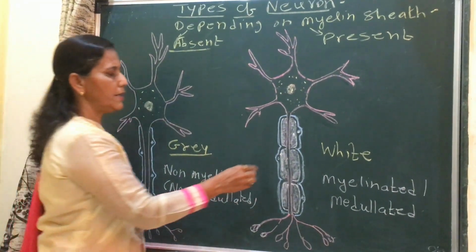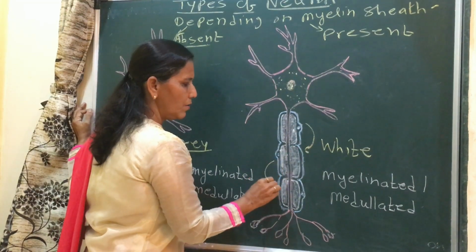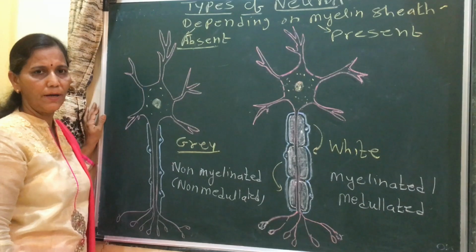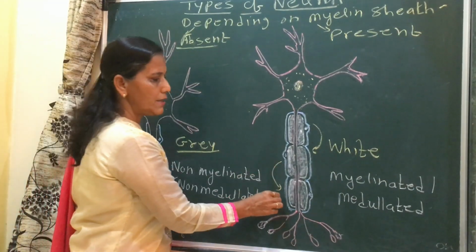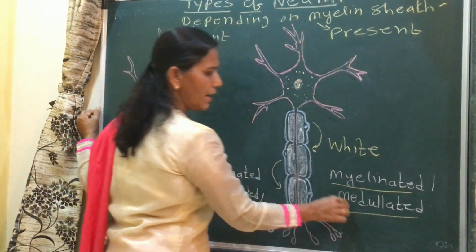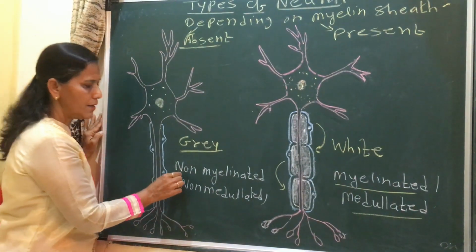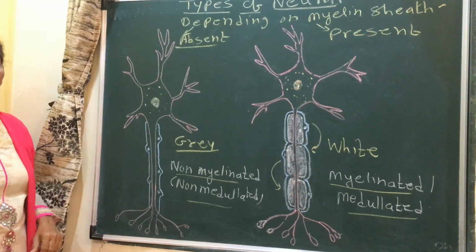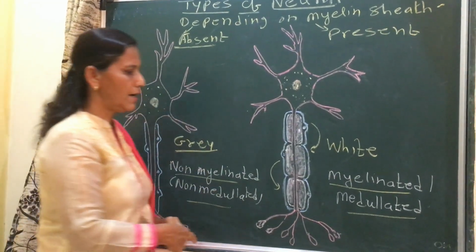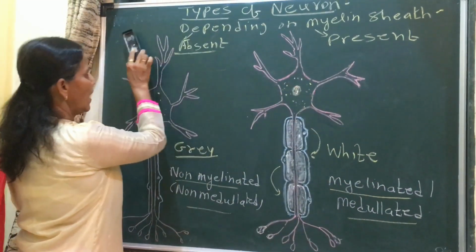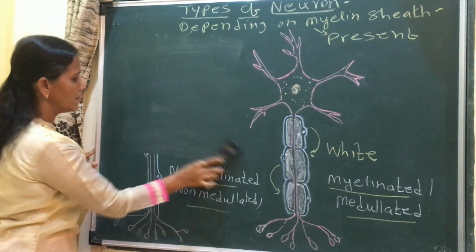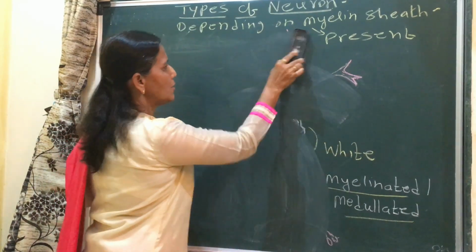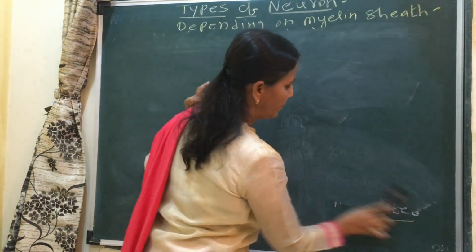The impulse jumps from one node to another, which is called saltatory conduction of impulse. So impulse conduction is faster in a myelinated neuron and slow in a non-myelinated neuron. Next criterion for classification of neuron is the direction of the conduction of impulse.